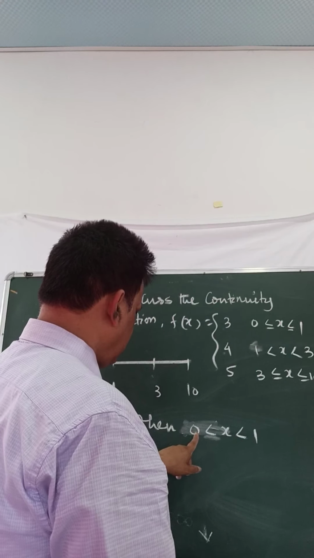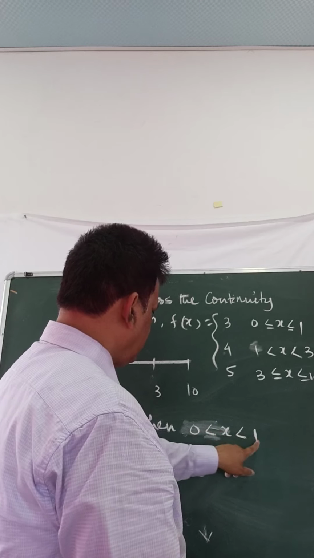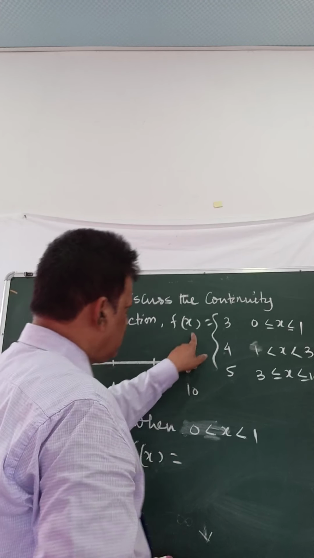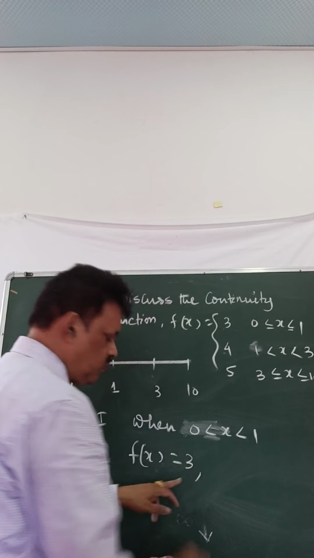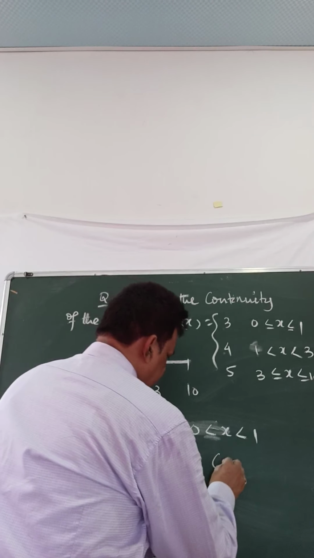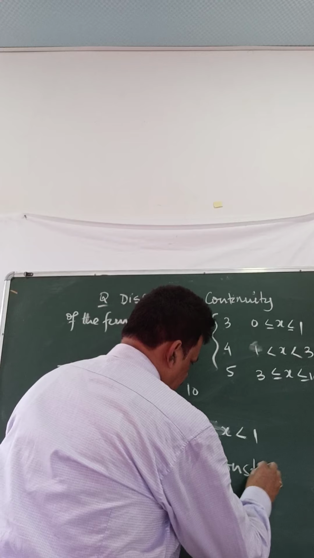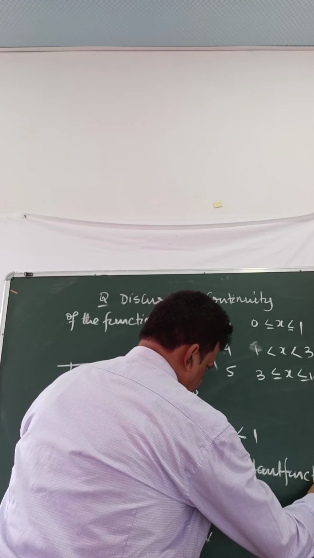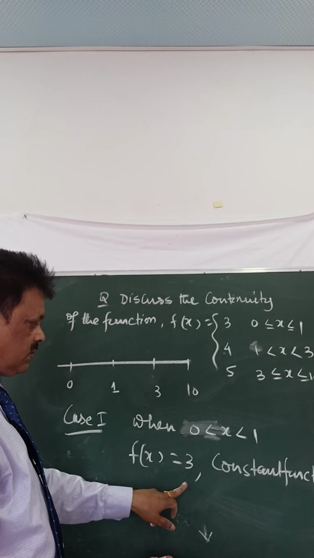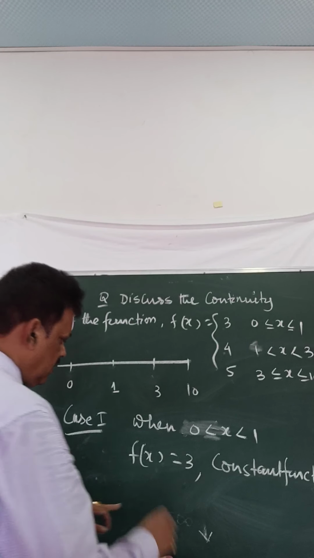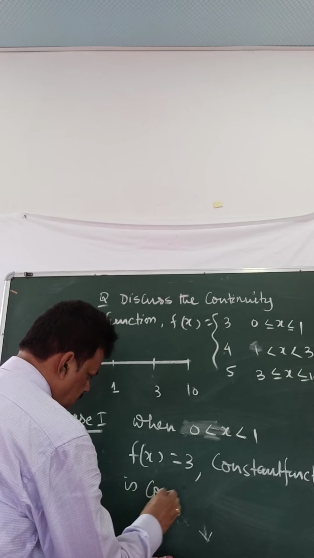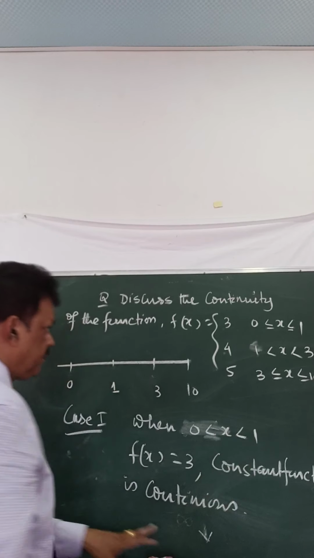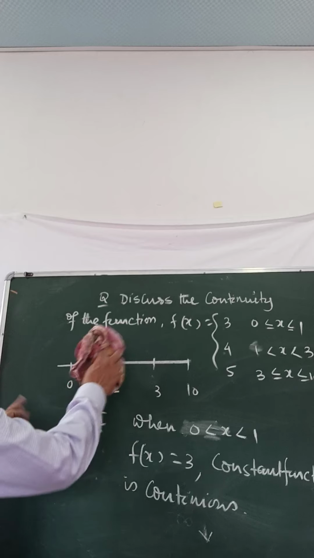So when x lies between 0 and 1, your f(x) equals how much? 3. 3 means what? A constant function. So a constant function is continuous. Okay, then I will keep this question.